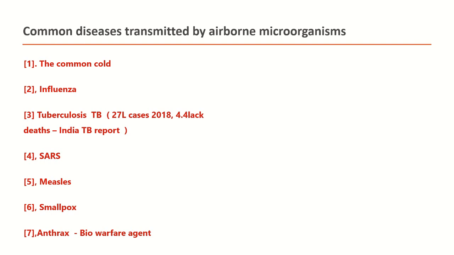Then you have the SARS virus, which is from the coronavirus family. You have anthrax, which is a biowarfare agent, and it has been found that UVC has been very effective in deactivation of these viruses.